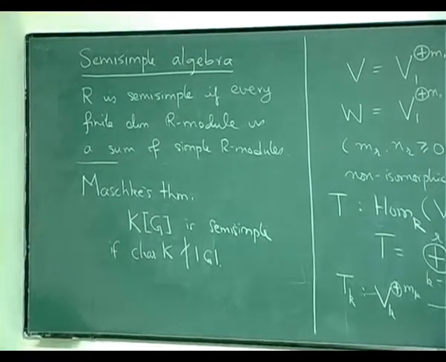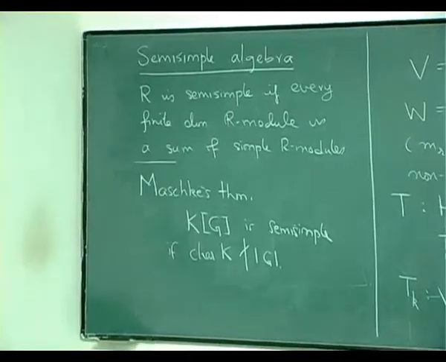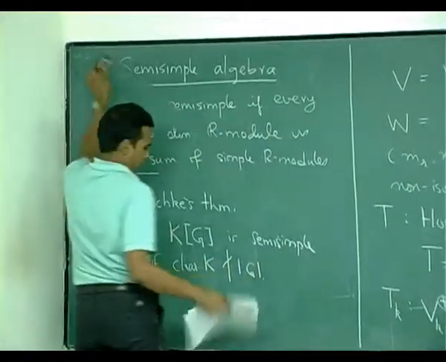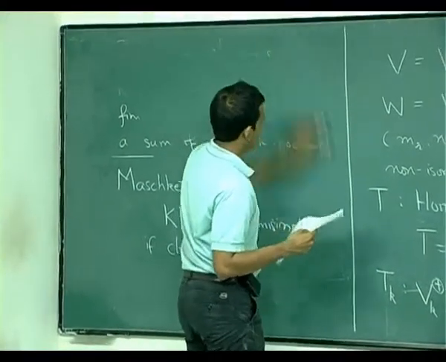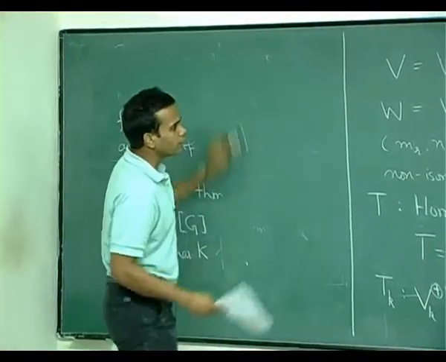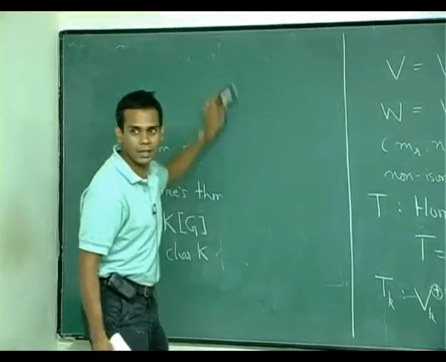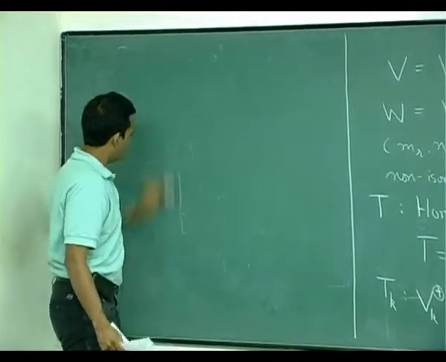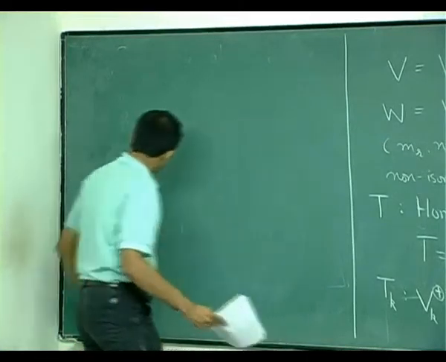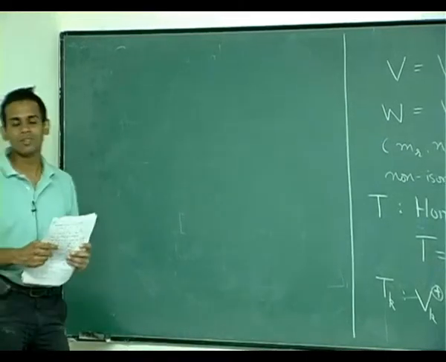Okay, so now what we'll do is try to classify the simple R modules for a semi-simple algebra R. The first step is to note that we don't have to look very far.